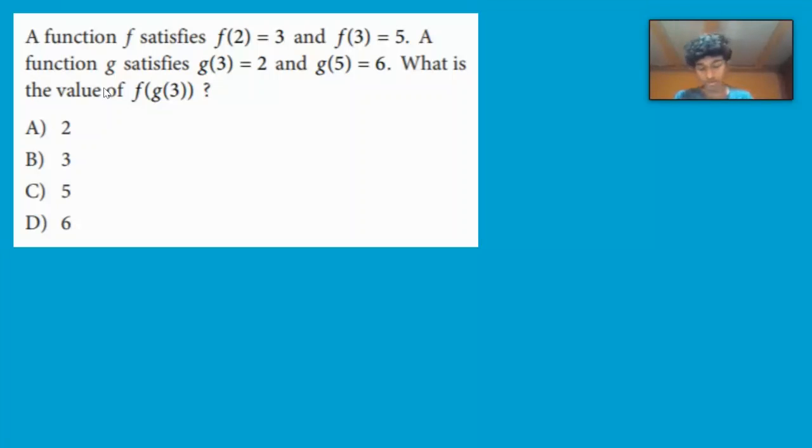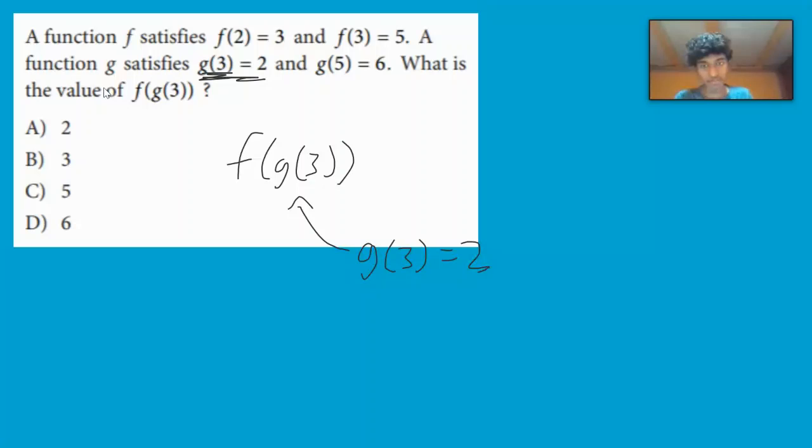Okay, so we need to evaluate f of g of 3. And the first step in solving this is figuring out what g of 3 is equal to. Well, they give it to us. They tell us that g of 3 is 2.